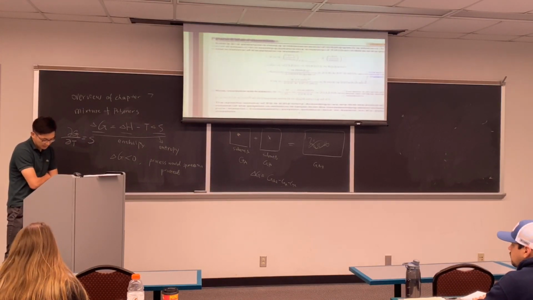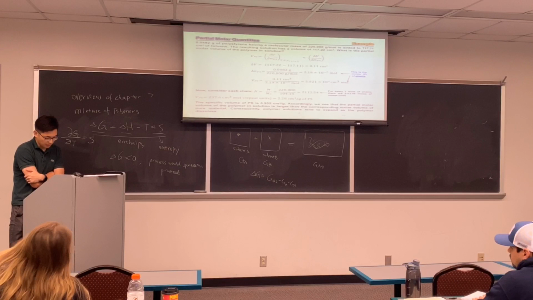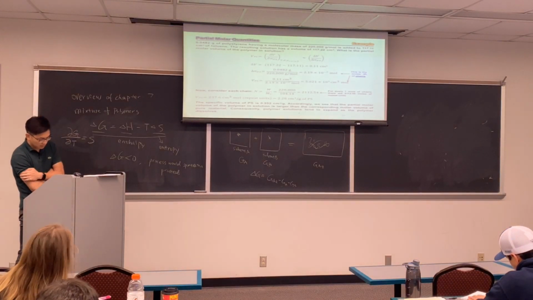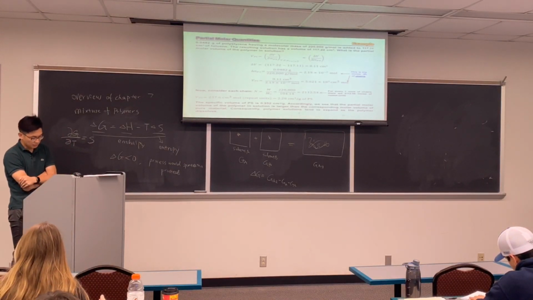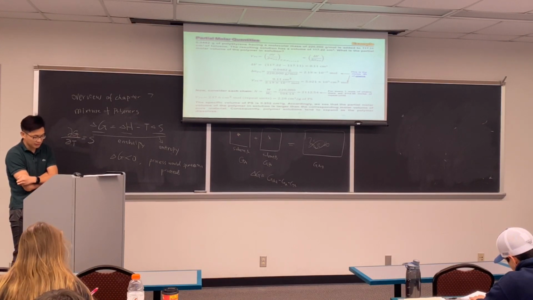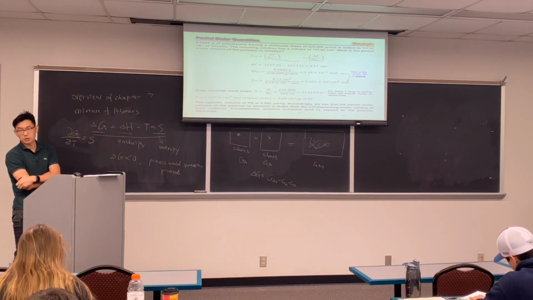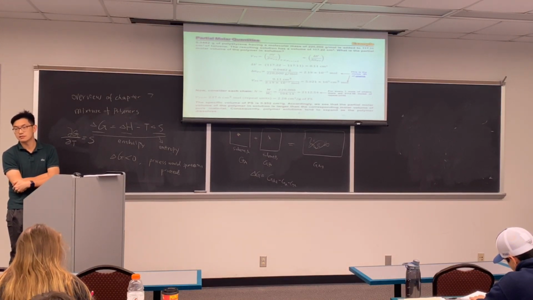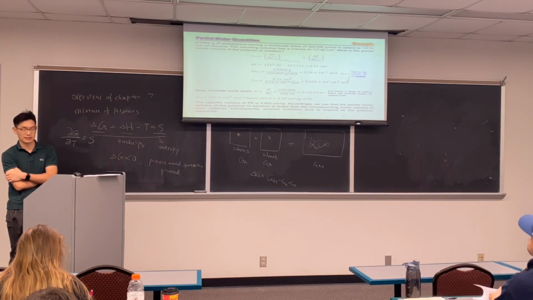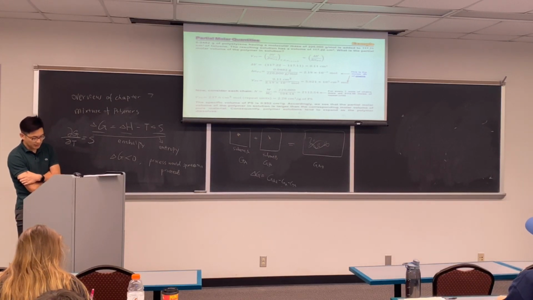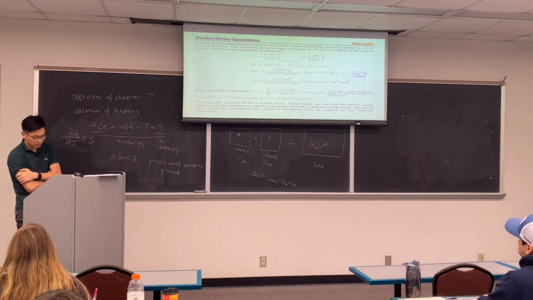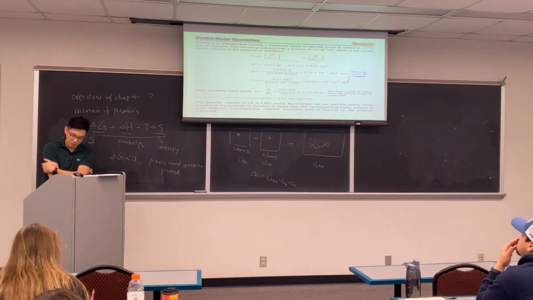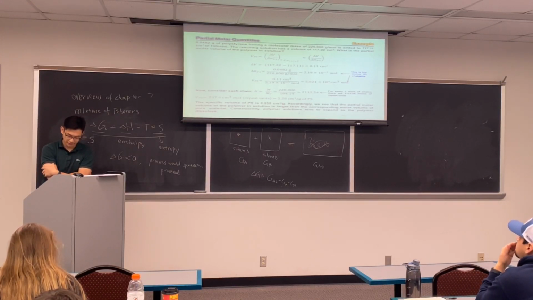So let's get on to talk about what a partial molar quantity is. A partial molar quantity is a specific state that talks about, at the 1 molar level, what your material behavior looks like. So here we give an example of the partial molar volume for polystyrene in solution.